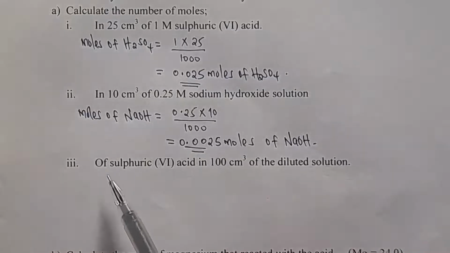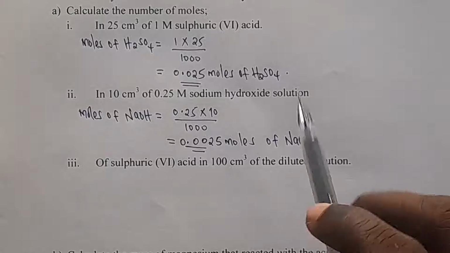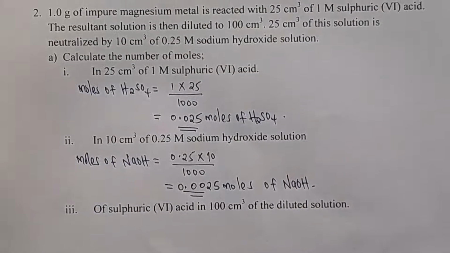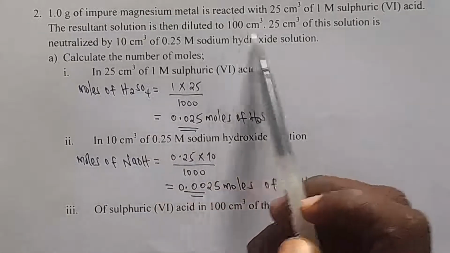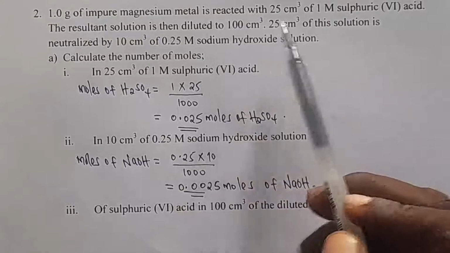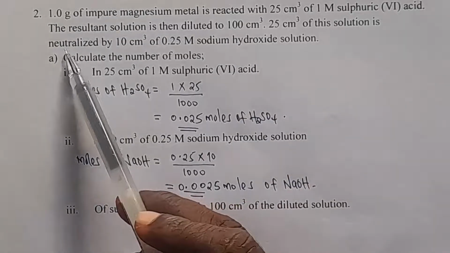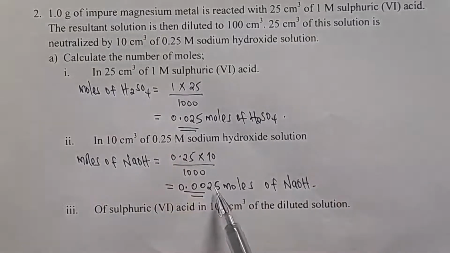If we go back, we are told the resulting solution is then diluted to 100 centimeter cube. So out of this 100, 25 centimeter cube of this solution was neutralized by, or reacted with, sodium hydroxide, whose number of moles we have gotten as 0.0025 moles.